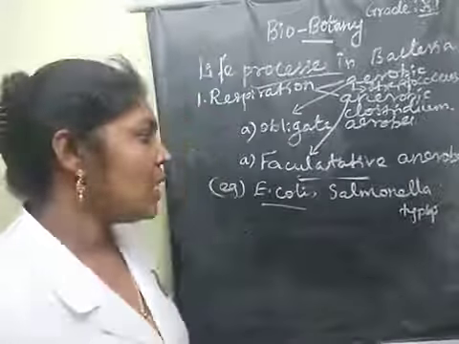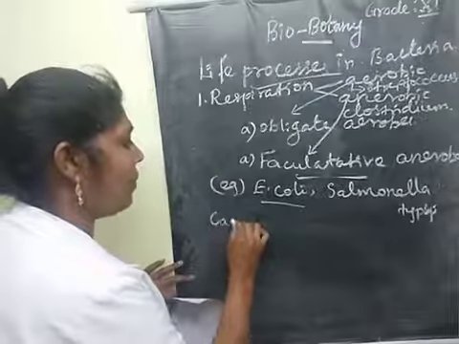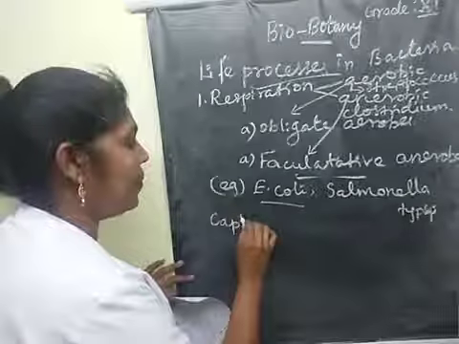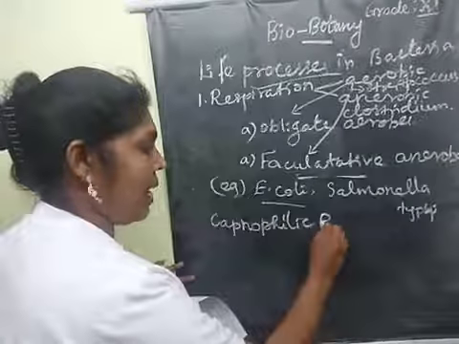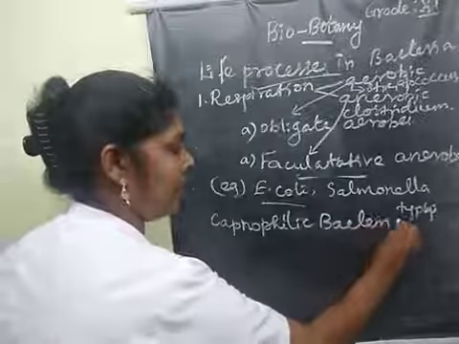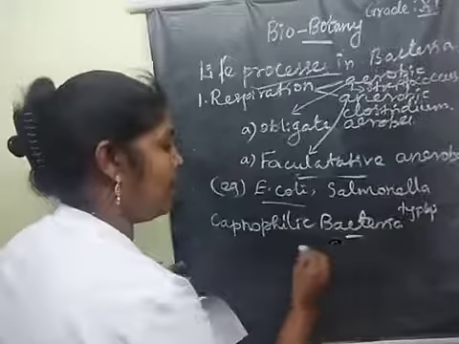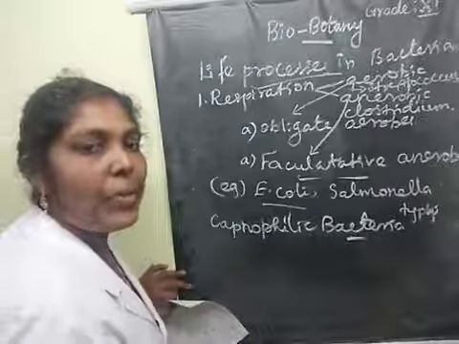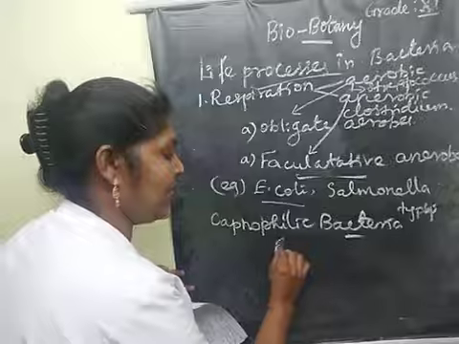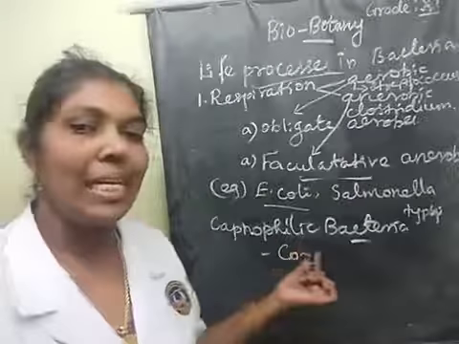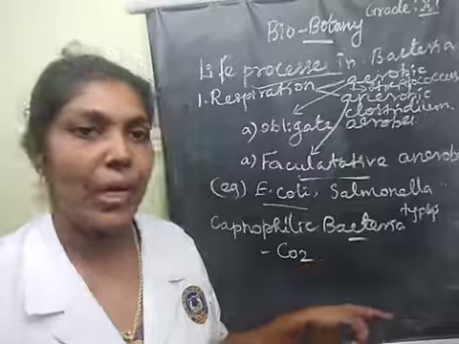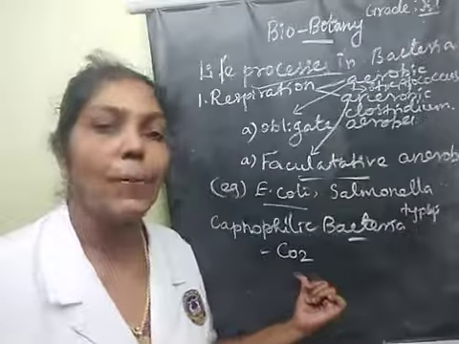The next one is, what do you mean by capnophilic bacteria? In this type of bacterial cells, for their growth and metabolic activities, they require carbon dioxide.